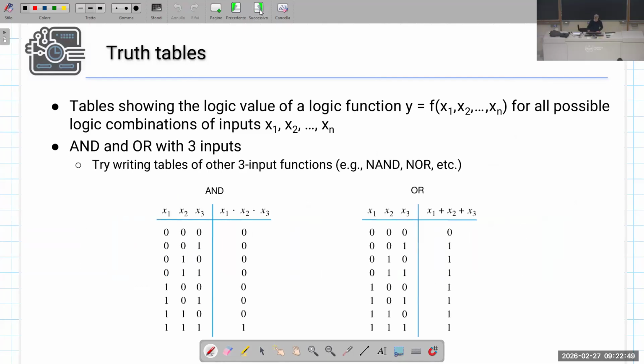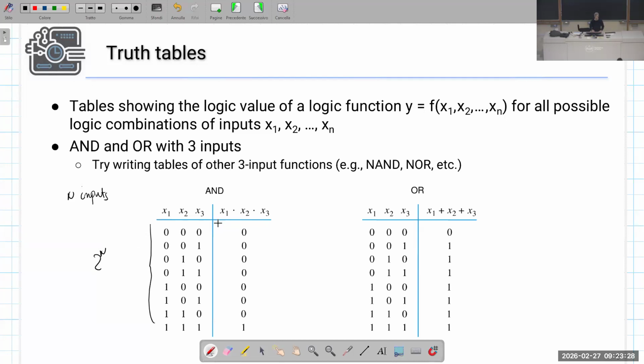Okay, let's go. Clearly, the approach can be extended to any number of inputs, and given n inputs, we get truth tables with 2 power n rows.